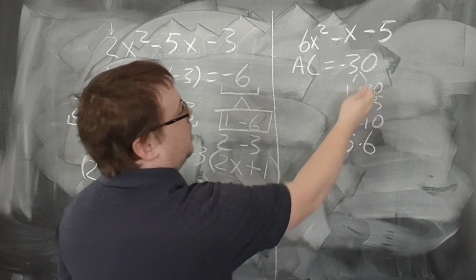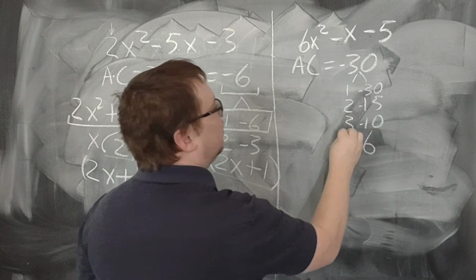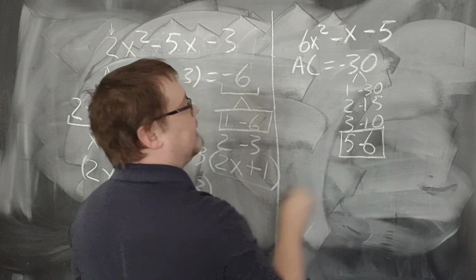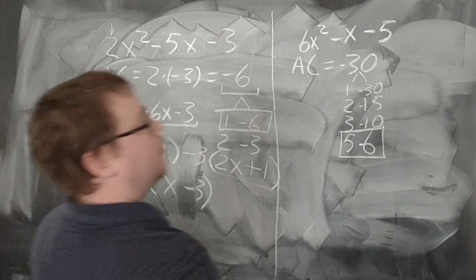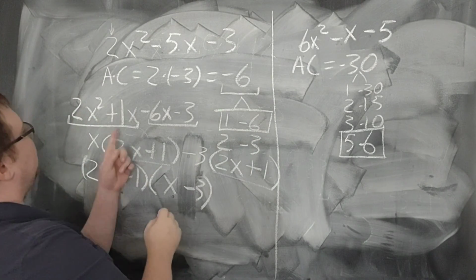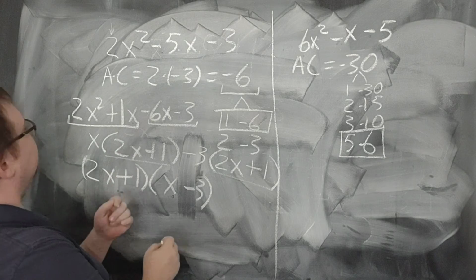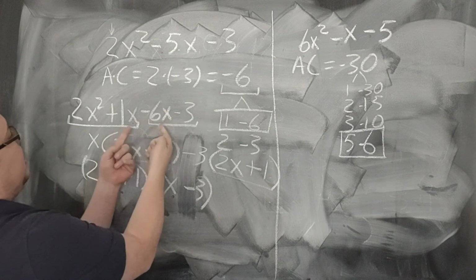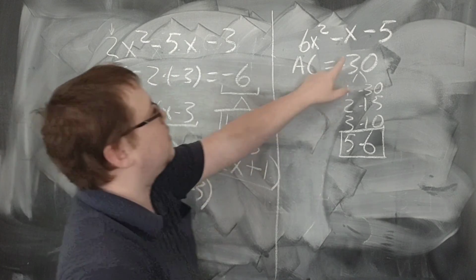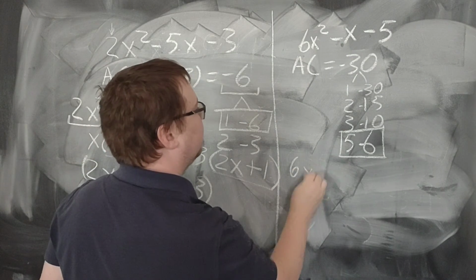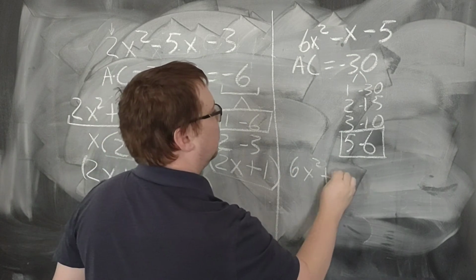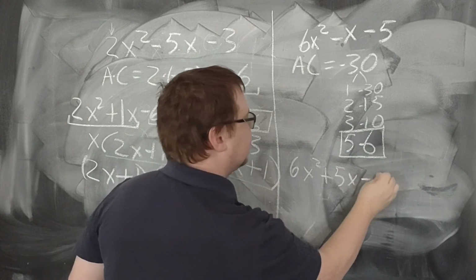Now we just see which one adds up to give you negative 1. Clearly, 5 minus 6. And just like before, we're going to break up the middle term. This negative 5 became 1 minus 6, just like this negative 1 is going to become 5 minus 6.